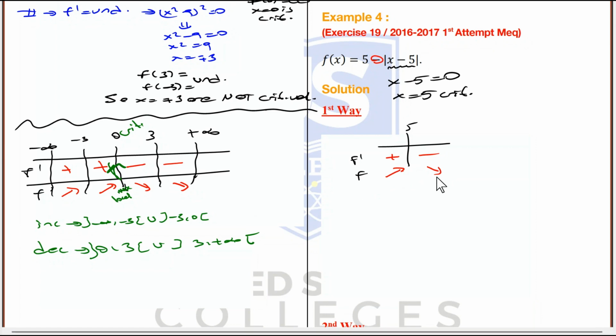So we can say the function is increasing from negative infinity to 5 and decreasing from 5 to infinity. Right, this is pretty simple if you know the idea of making the table by using the sign.